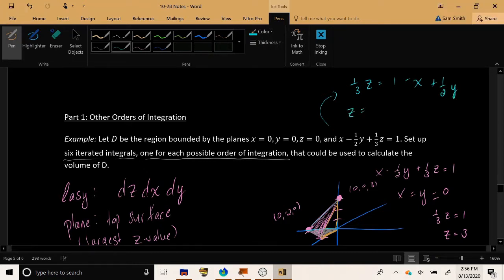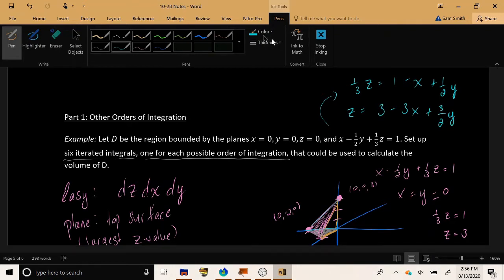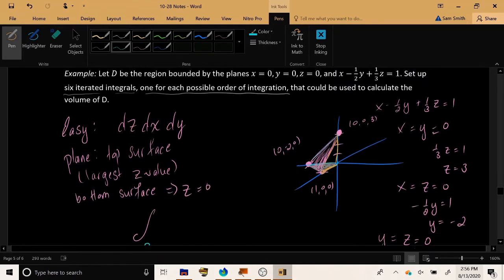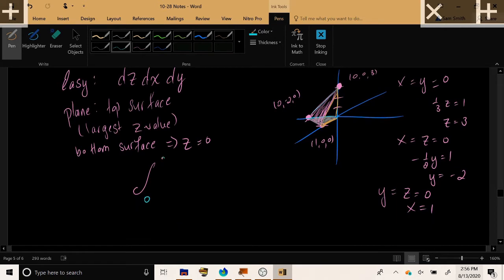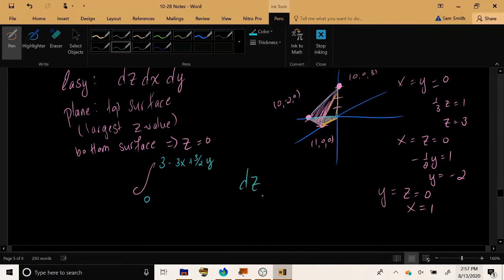Multiplying by 3, I get z equals 3 minus 3x plus 3/2 y. That slanted plane describes the top surface of the region, 3 minus 3x plus 3 over 2 y. That is if z comes first.